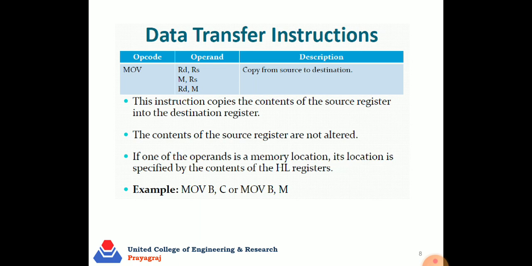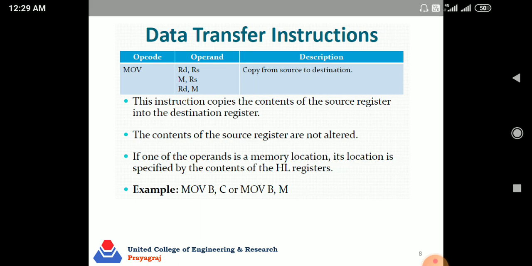Remember one thing, the RD and RS may be the registers A, B, C, D, E, H, L. Like we have the example MOV B comma C. What is the meaning of MOV B comma C? That means the content of C is copied to B. Whatever content is in C, it is directly copied to B.